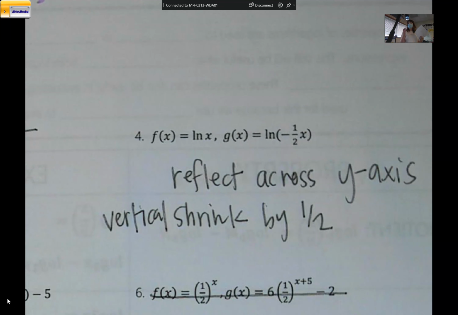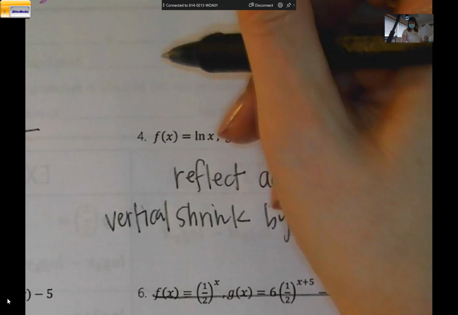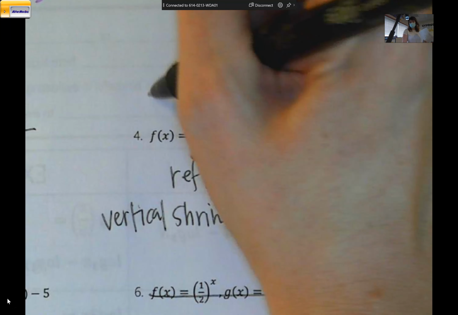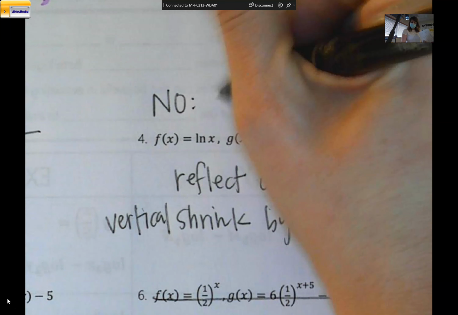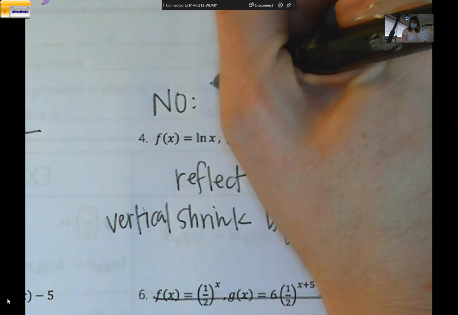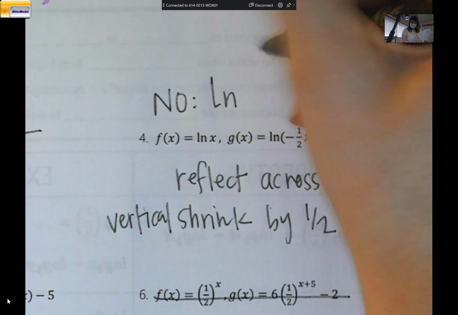So I took my natural log, I reflected him across the y, and then I shrunk him down away from the y-axis by a factor of 1/2. Are you hanging in? Okay, I would write this down as a reminder. It's probably going to be hard by the time that you get there, but when you're writing these, there's two things. Number one, this.